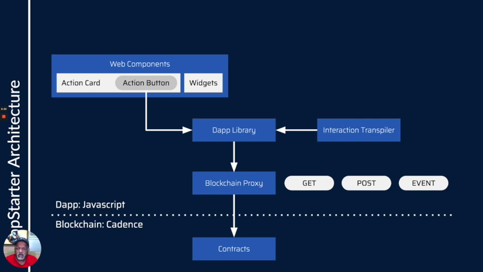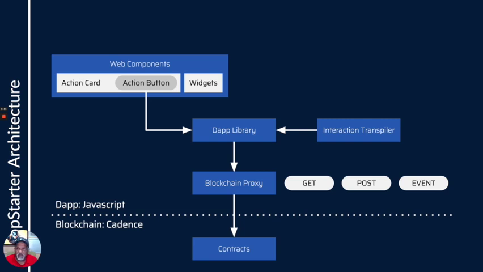Essentially, an action card is designed to make it super simple for you to make a GET or a POST request. In other words, read or write from the blockchain, and it presents itself as a card with fields and a button.